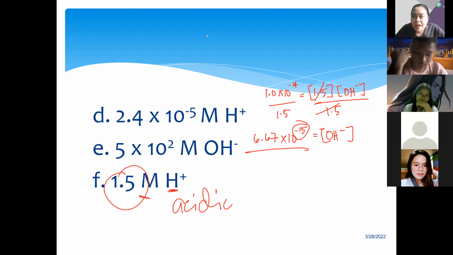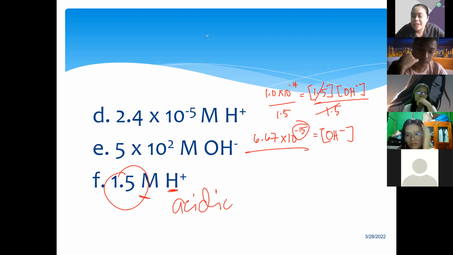And this pH calculation is really important for you because as medical technologists, you will also be testing pH. pH of blood, pH of urine, and if there are changes with the pH of these body fluids, then it will actually correspond to certain conditions. So we need this skill. How do we get the pH if we do manual computation?